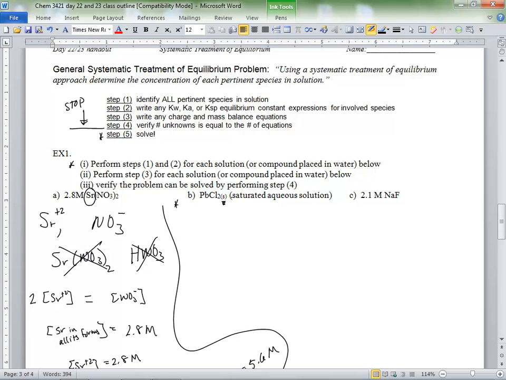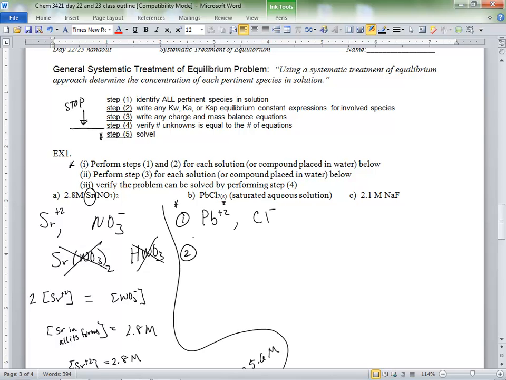So in step 1, you got Pb plus 2 and Cl minus. Okay, that's step 1. Was there anything to write for step 2? Yeah, definitely you can't write a Ka expression. Good. But you can write what expression?